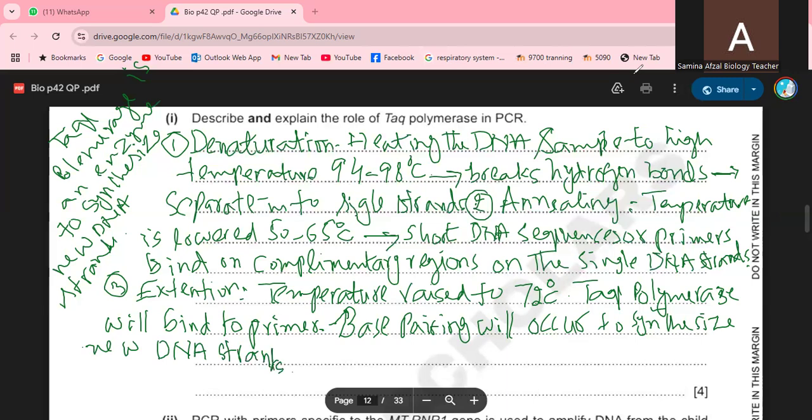So then there will be the repetition of all these steps, that is the denaturation, annealing, and extension.